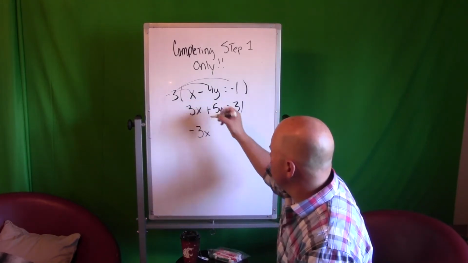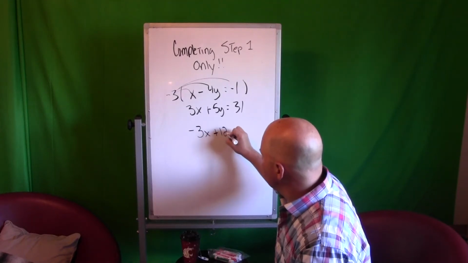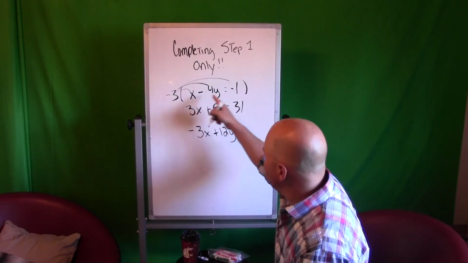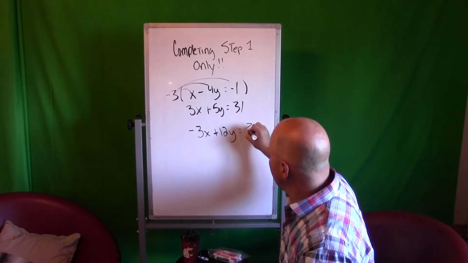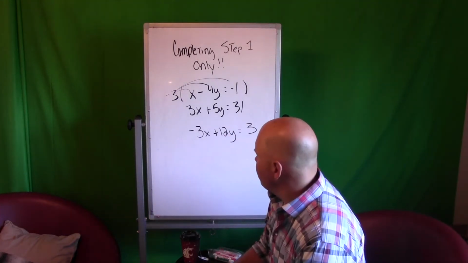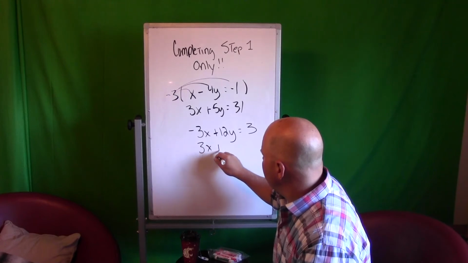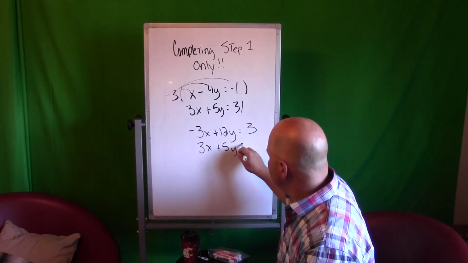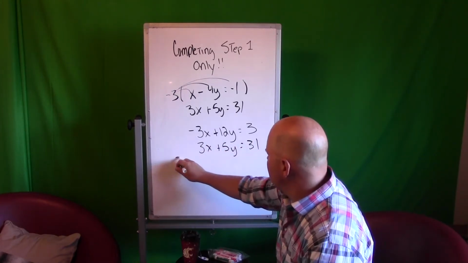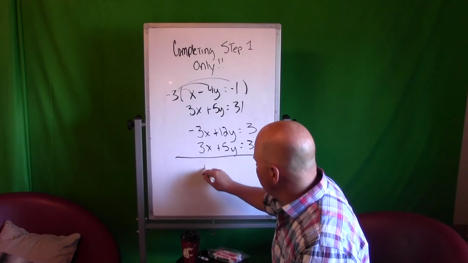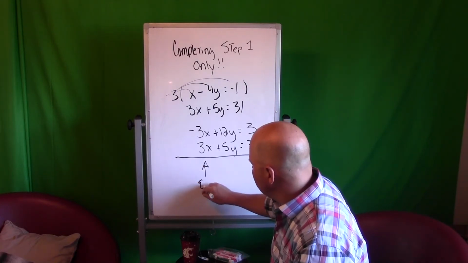Negative 3 times negative 4 is a positive 12y. Negative 3 times negative 1 is a positive 3. So there's my first equation. I bring my other equation underneath it. It's not scaled. It's exactly like it was. Go like that. And then this guy is set to eliminate.